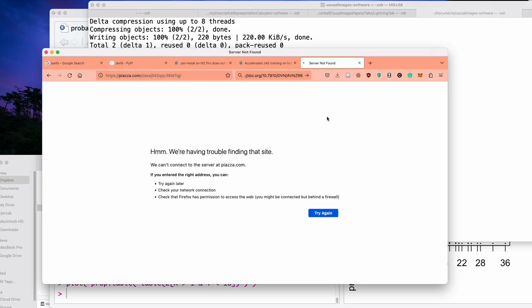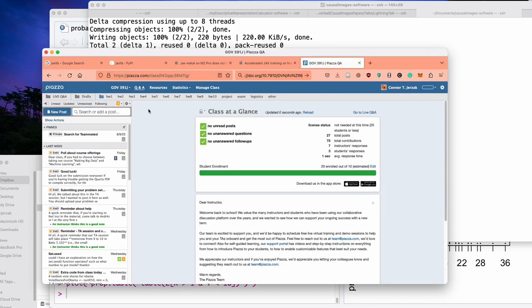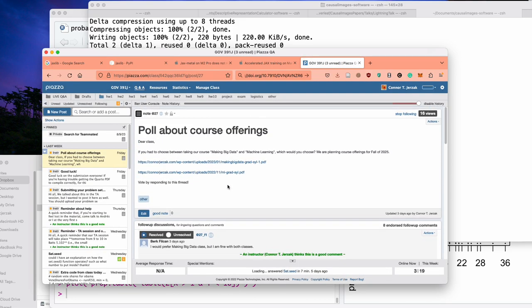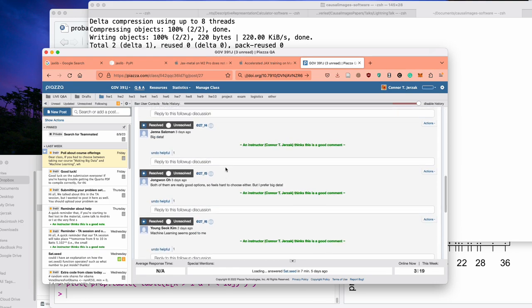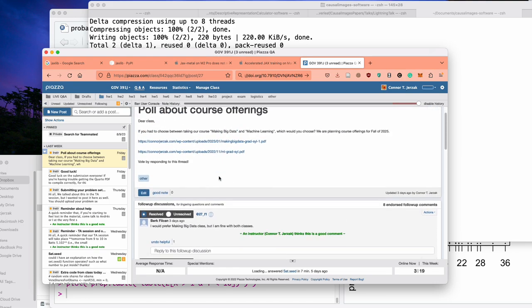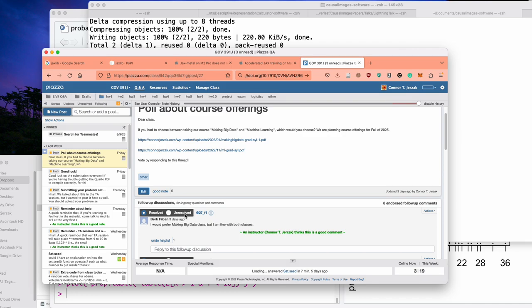Basically, there's a chance for you to vote for what class you want. I might be offering both these classes. I still have to negotiate it with the people in power, but this is a poll. We'll definitely be doing the big data course since that seems to be winning right now. But if you want to do the machine learning course, just keep voting and hopefully we'll figure out something. But right now, the big data course is winning in this race.